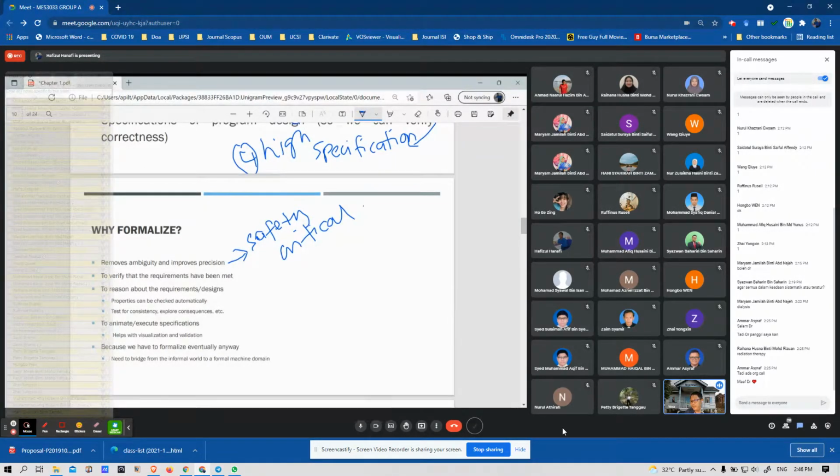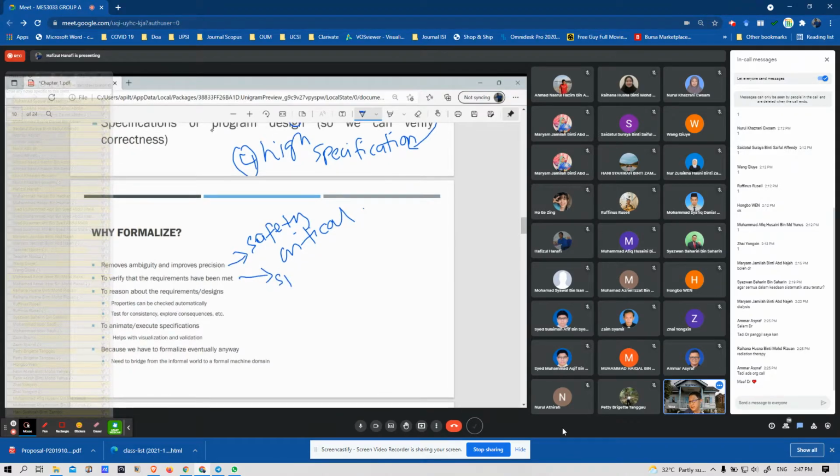Then, to verify that the requirements have been met, based on the specification, basically from the model that we created. And then to reason about the requirements of the design, based on the documentation.